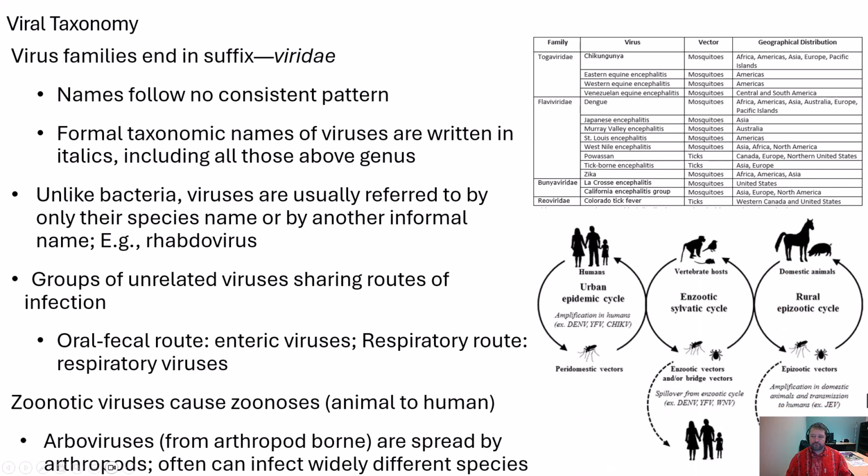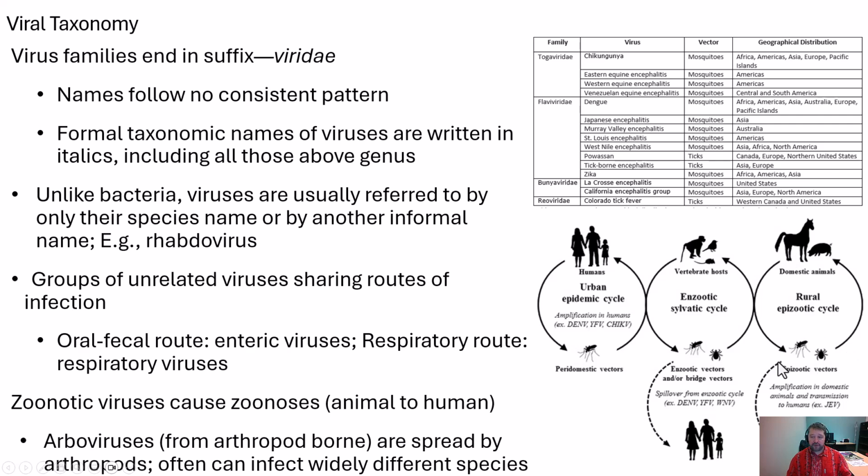Okay, and there's really three kinds of classifications. You have what we call epizootic vectors or epizootic organisms, or I should say epizootic viruses. These are ones that occur in our domestic animals and can be transferred from domestic animals to humans and back.